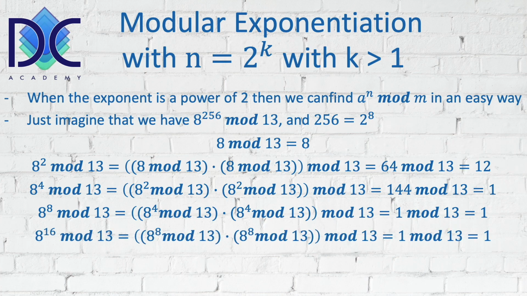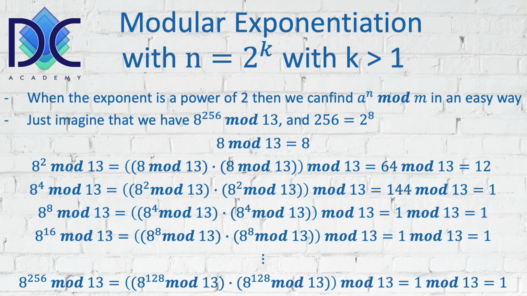And basically, 8 to the 16th modulus 13 is 8 to the 8 modulus 13 times 8 to the 8 modulus 13. So both of them are also equal to 1. So we find again 1 modulus 13, which is 1. And 8 to the 256 is in fact 8 to the 256 modulus 13. When we continue, all of them are equal to 1 modulus 13.